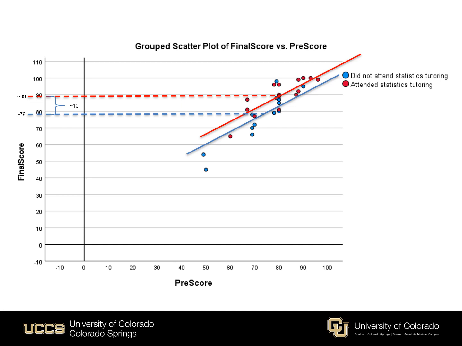So now let's explore what happens graphically if we go ahead and add the pre-score to the regression model to adjust out any biases for those pre-existing differences on pre-score.